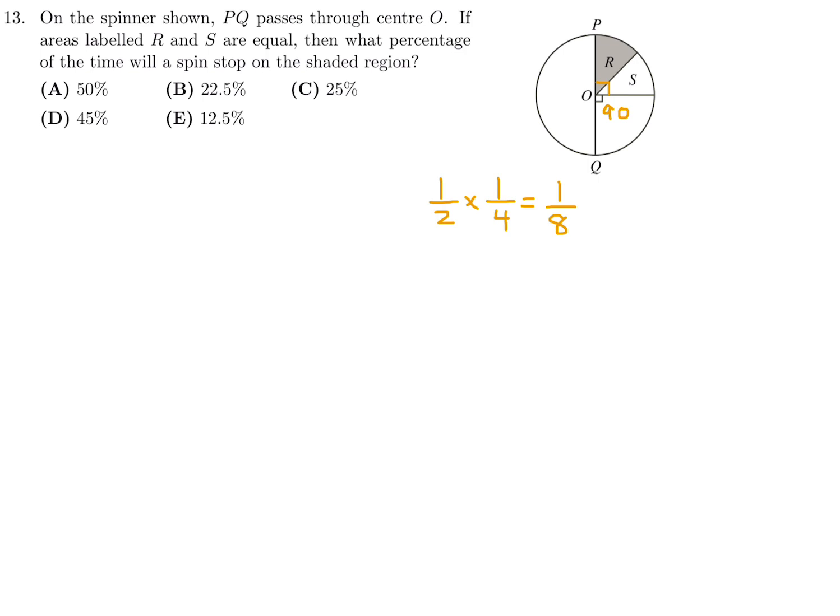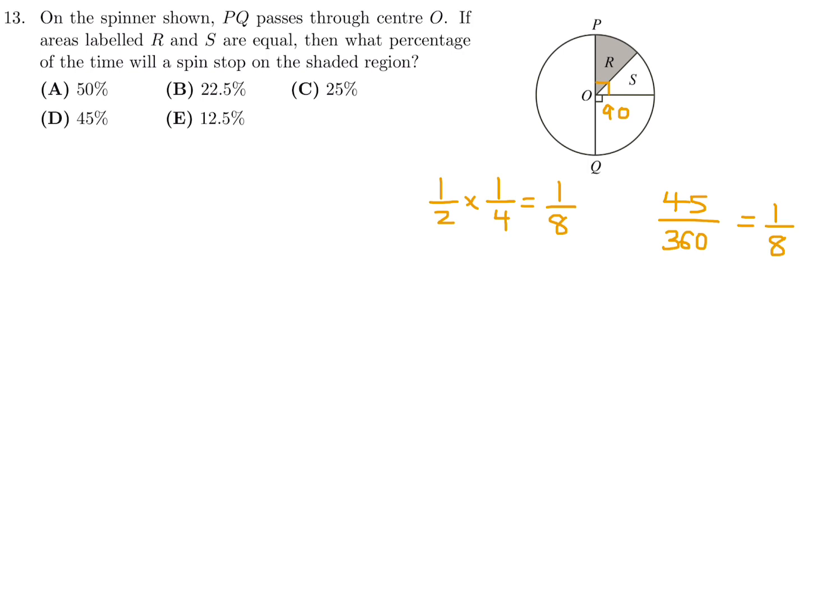Or another way to look at it is that this angle is 90 degrees. So we have each of those being 45 degrees, right? Because it's a half of 90. So 45 degrees over the full, which is 360. And that will also give you 1 over 8.